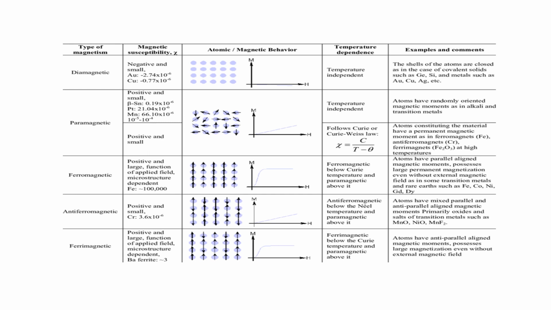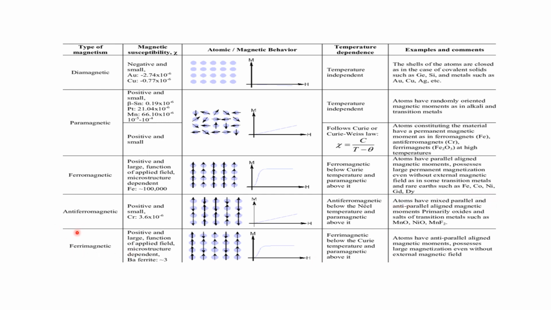So atoms have parallel aligned magnetic moments, and possess large permanent magnetization even without an external magnetic field, as in the case of some transition materials or rare earth materials such as iron, cobalt, nickel, etc.